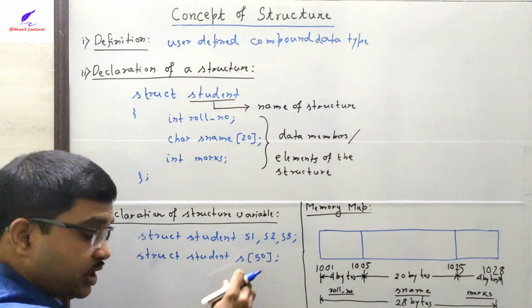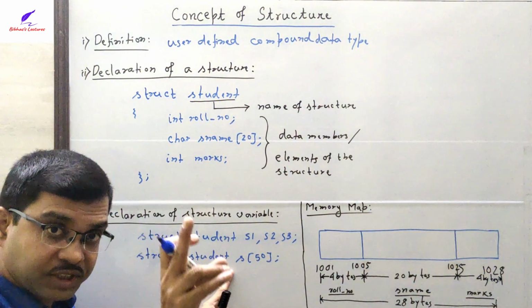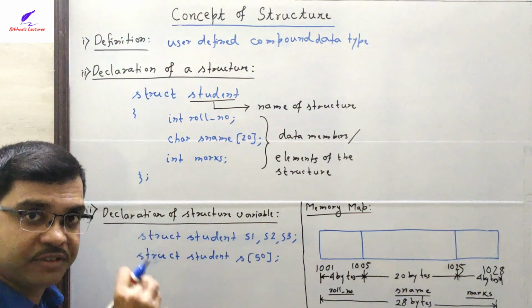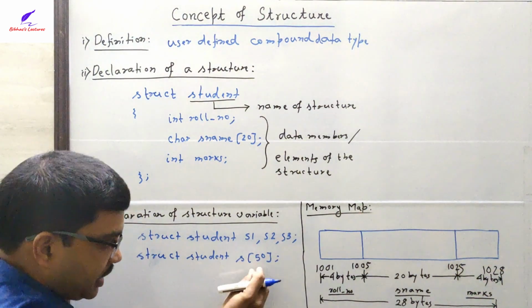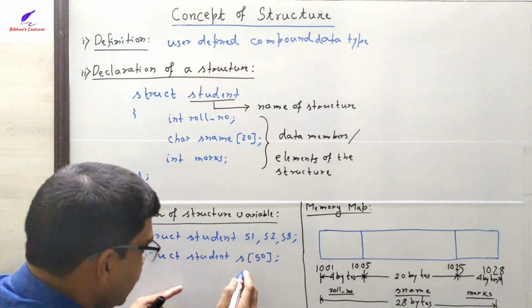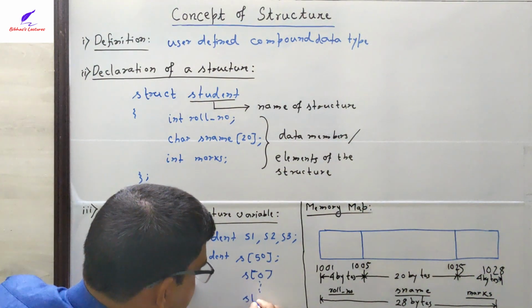That means the first structure variable will be S[0], then S[1], S[2], and the last structure variable will be S[50 minus 1], because you know that the last index of the array is size minus 1. Here the size is 50, so the last index will be 49. So the structure variables will run from S[0] up to S[49].